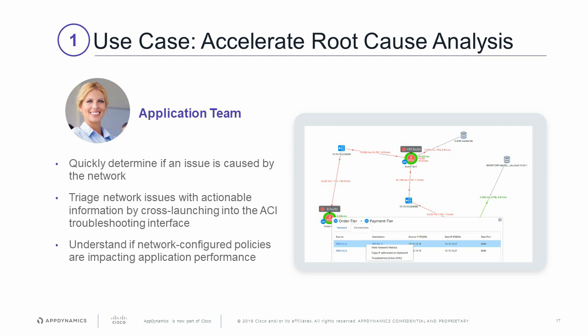Because most of these application issues are transient, you want to capture the state of the network as soon as those issues happen. And once you have that actionable information, you can basically say, hey, network team, this is what was going on at this time. Please take a look. These are all the logs related to the network.